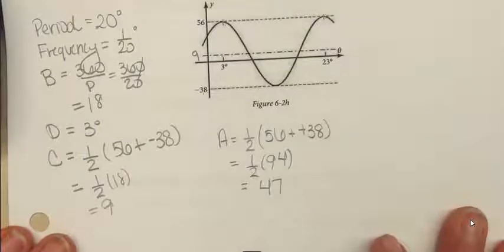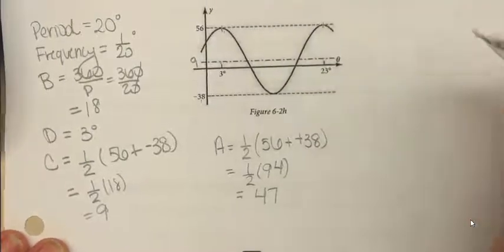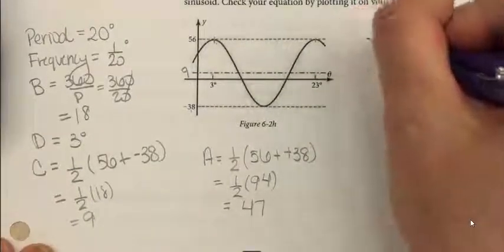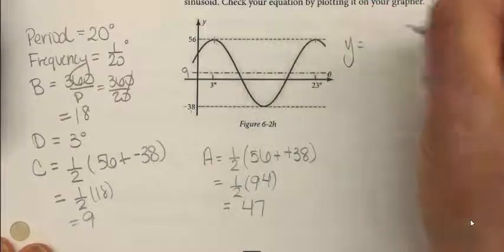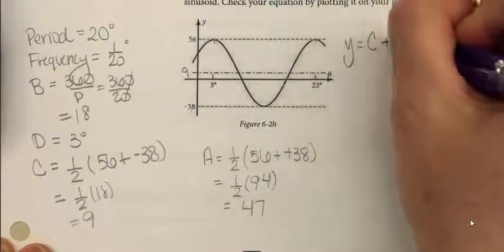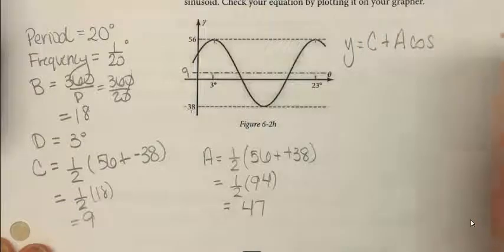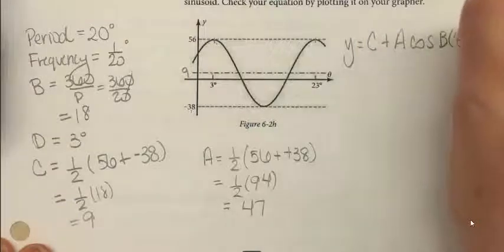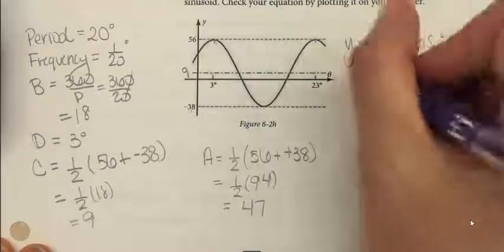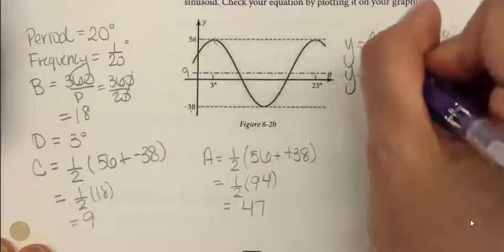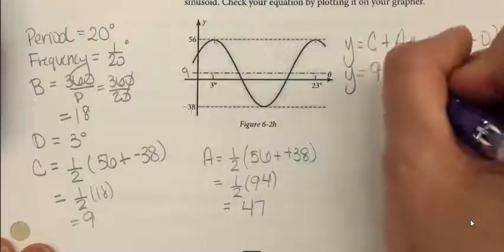So now we're going to write our equation. The general form for a sinusoidal using cosine would be C plus A cosine B theta minus D. Our midline, C, ended up being 9.